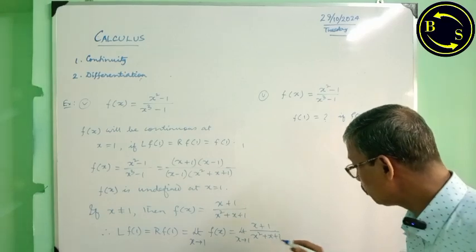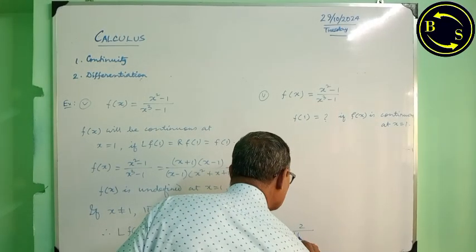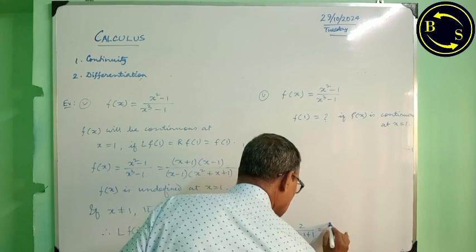Putting finally x equal to 1, the value will be 2 by (1 plus 1 plus 1), that is 2 by 3.